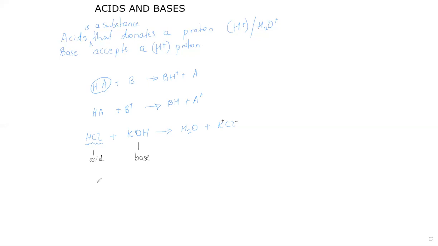Let's take another kind of acid. This time we are taking a weak acid, plus your ammonia there. That gives you the ammonium ion there. What do you have?